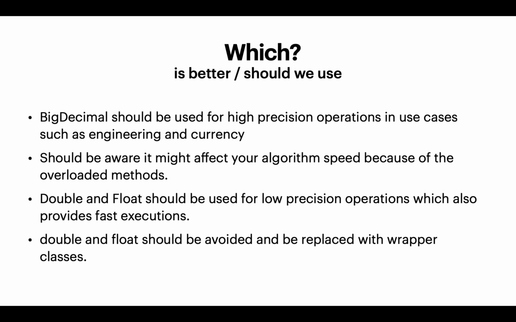I think this helped you in understanding the different wrapper classes available and the advantages of BigDecimal over double and float. I personally used double and float for so many years, whereas I hit a roadblock during currency calculations, where I was operating between minute decimals like 0.012 and 0.013.